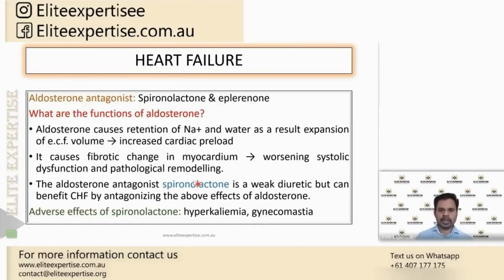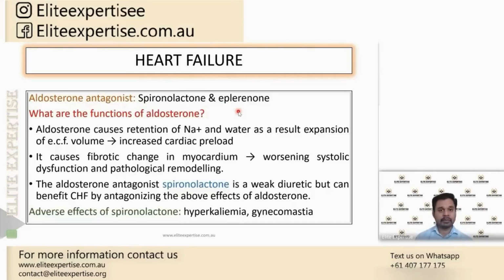Eplerenone is the drug which is free of this side effect. So whenever a patient develops gynecomastia symptoms, we need to switch the patient over to eplerenone. So that's about the aldosterone antagonist, spironolactone.